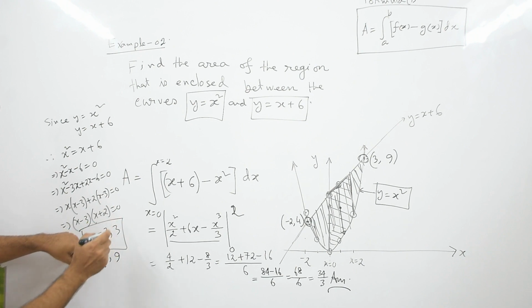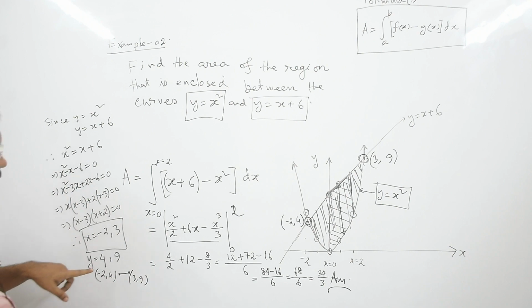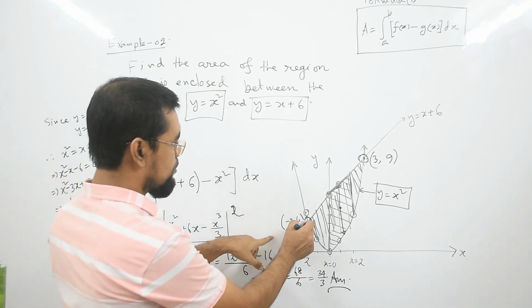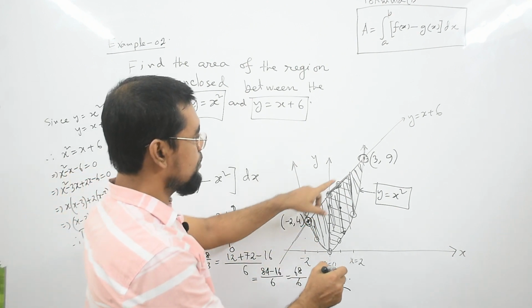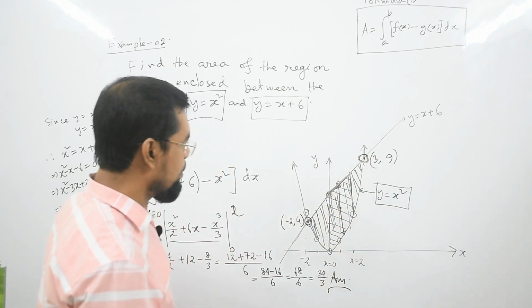So, the left one will be minus 2, 4. And the right one will be 3, 9. So you see the coordinate of this point minus 2, 4 and the coordinate of this point 3, 9.